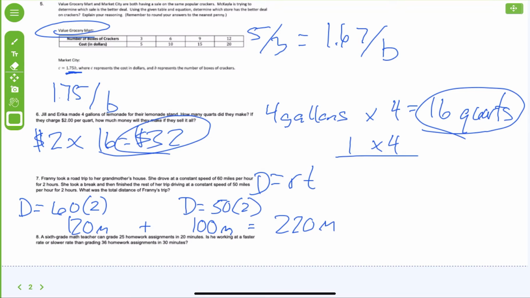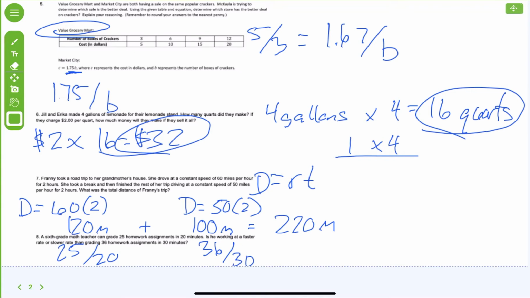Number 8. A 6th grade math teacher can grade 25 homework assignments in 20 minutes. Is he working at a faster rate or a slower rate than grading 36 homework assignments in 30 minutes? So we have a 25 per 20 minute ratio and a 36 per 30 minute ratio.